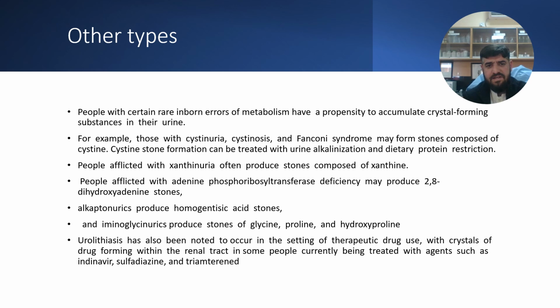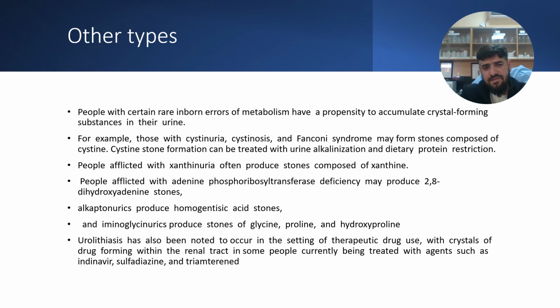People afflicted with xanthinuria often produce stone composed of xanthine. Similarly, people afflicted with adenine phosphoribosyl transferase deficiency may produce dihydroxyadenine stones. Alkaptonurics produce homogentisic acid stones, and aminoglycinurics produce stones of glycine, proline, and hydroxyproline.